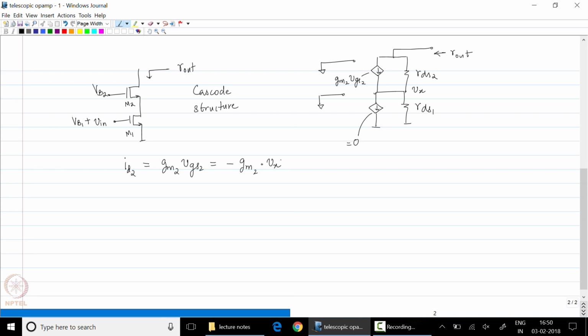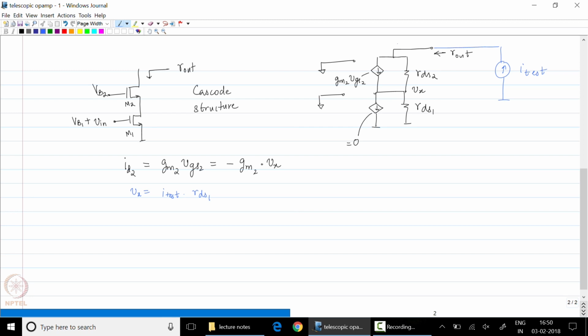Now we want to find out the overall output resistance of the structure. Let us say we excite it with a test current source, I test. So the total current flowing into the circuit is I test, and therefore the value of Vx is equal to I test times rds1.